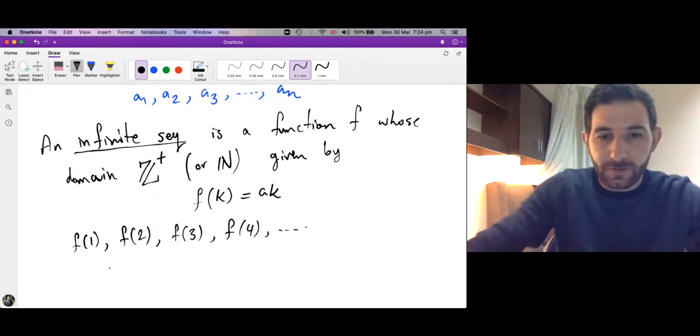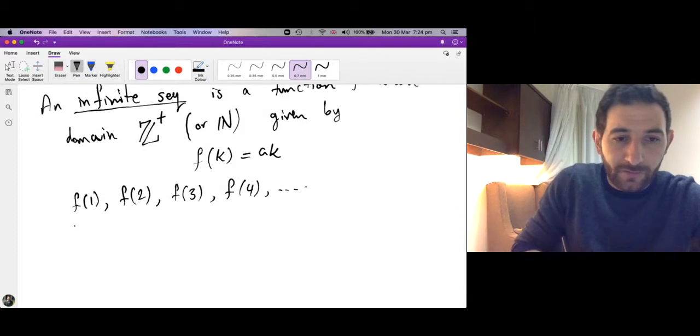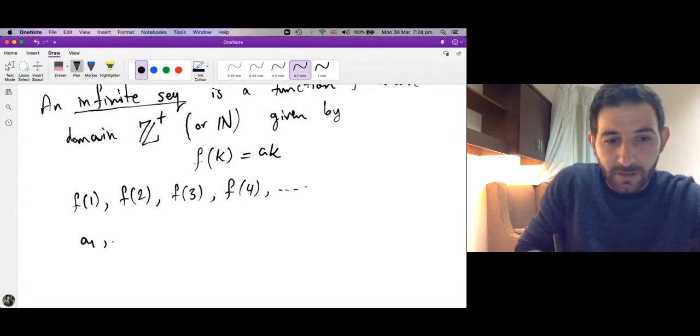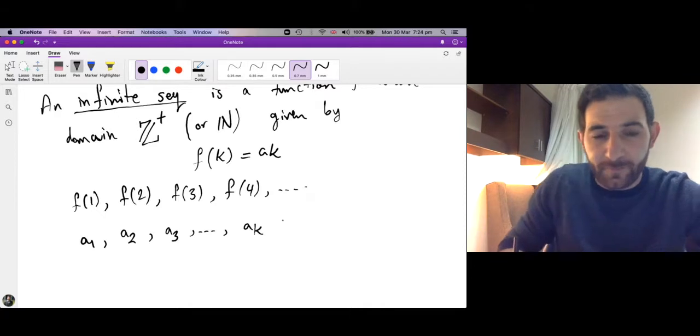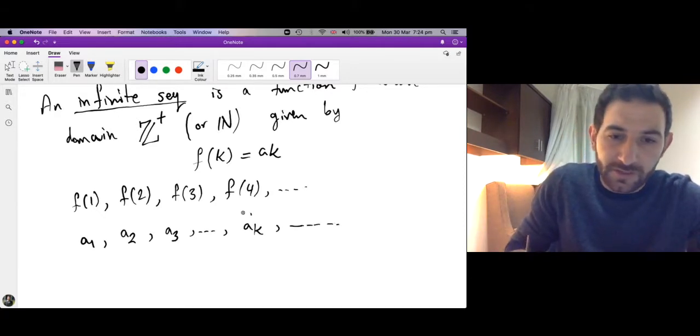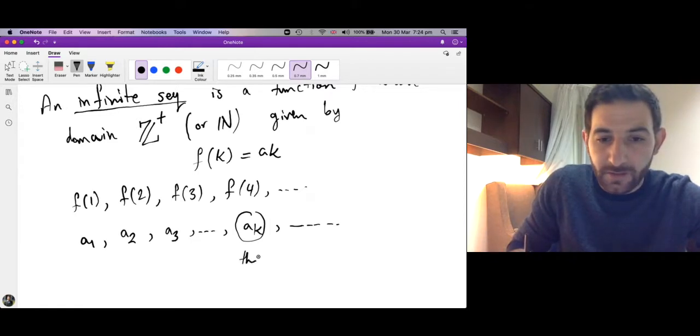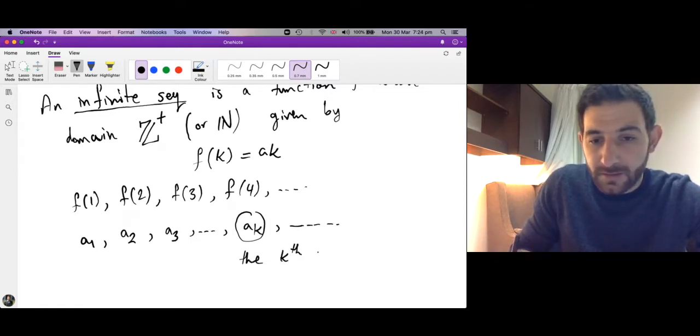We denote the image of 1 to be a1, the image of 2 is a2, the image of 3 is a3. In general, the image of k is ak, and so forth. We call this the kth term of the sequence.